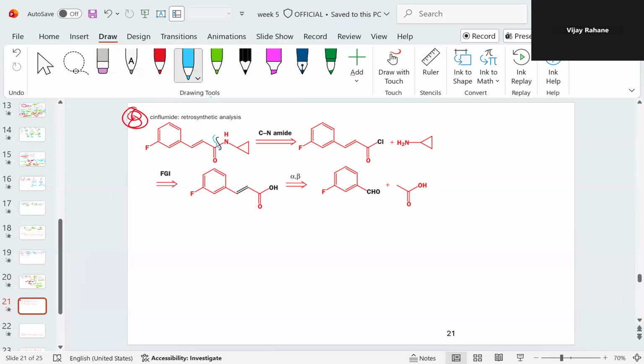So the first disconnection here maybe comes from the acyl chloride, and the other part is the amine, right?